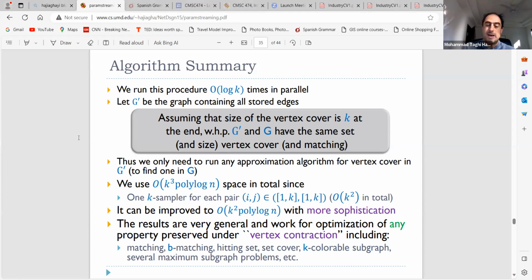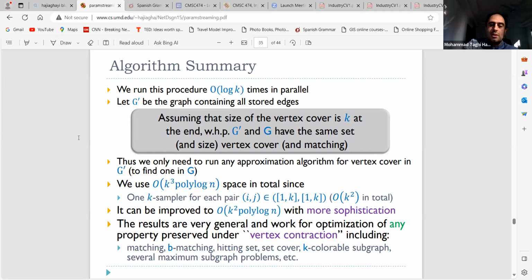So this is the non-trivial theorem: if you do it log k times between any pairs of these colors, keeping one edge and repeating, then with high probability the size of the vertex cover and the vertex cover itself would be the same, as well as the size of the matching.